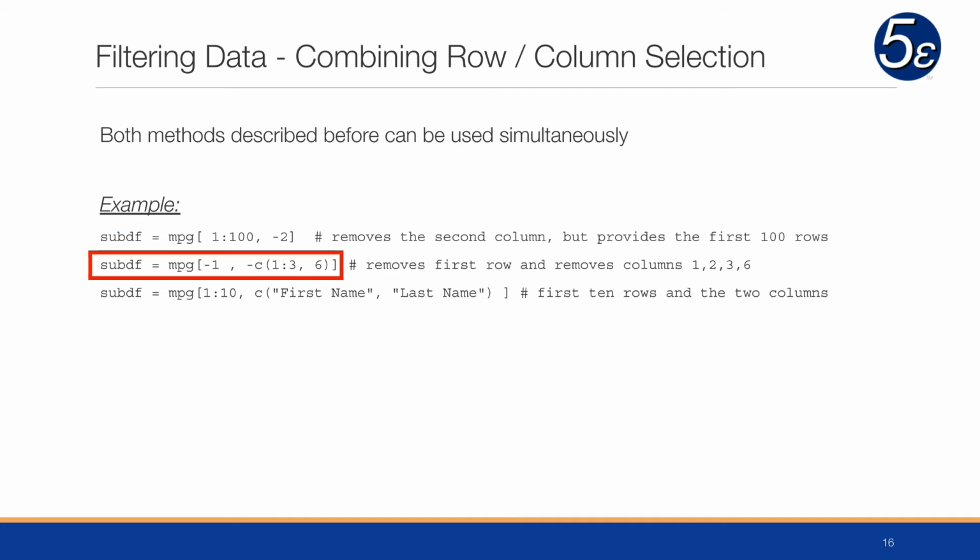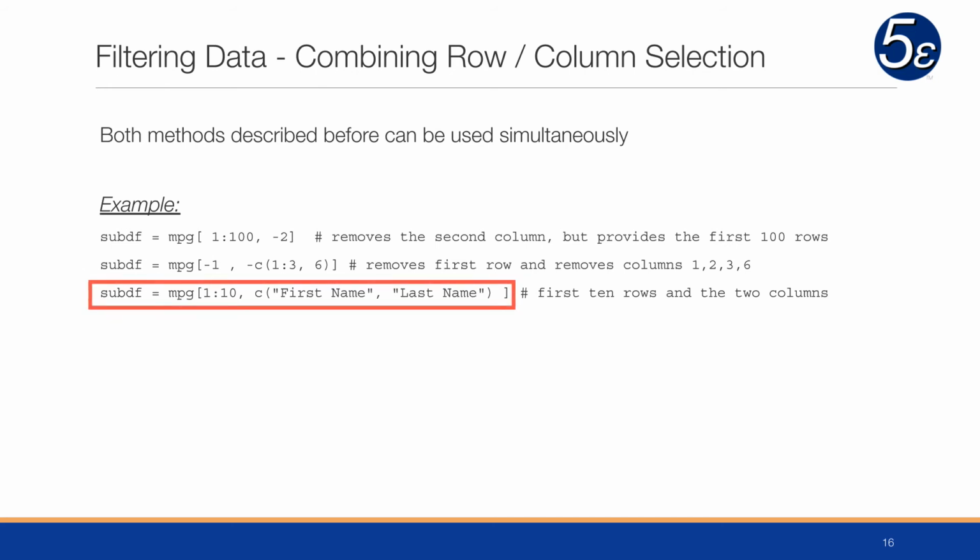In the second case, we have MPG bracket -1, comma, negative C(1:3, 6). This will remove the first row and remove columns 1 through 3 and 6. And in the final example, we have MPG 1:10, which will give us the first 10 rows, but only the first and last name as specified by the column filter.